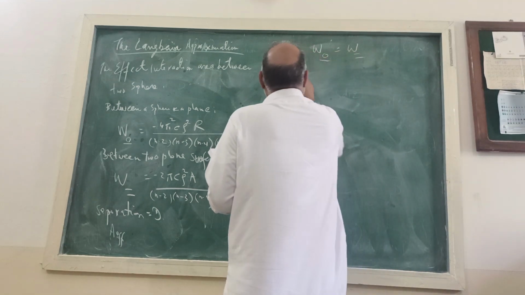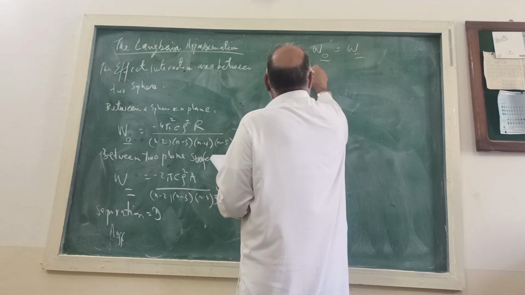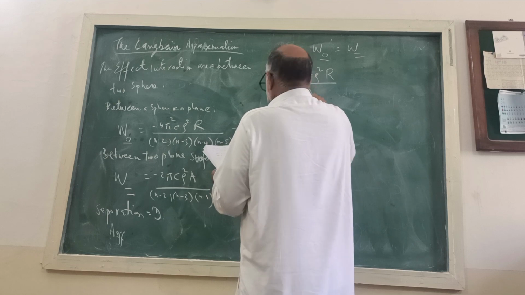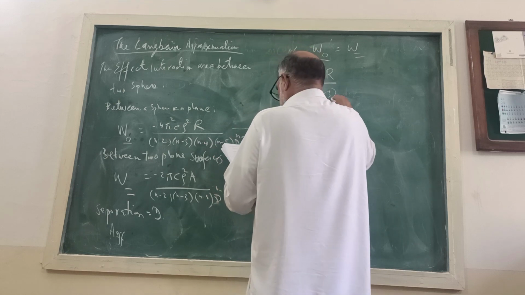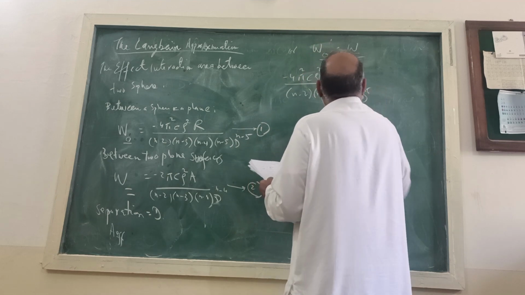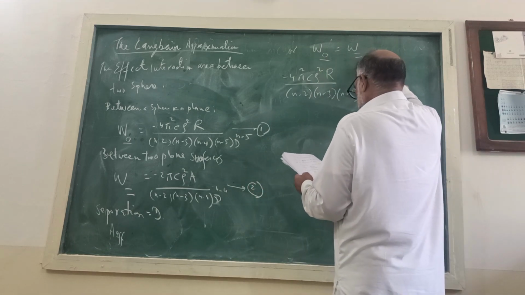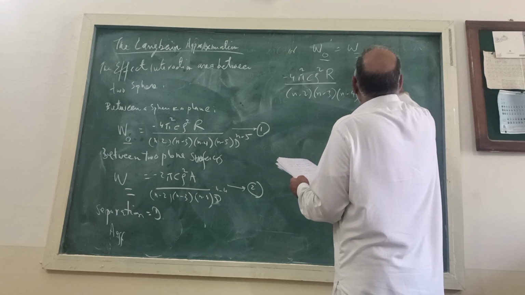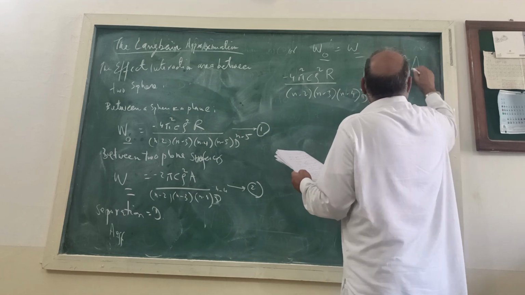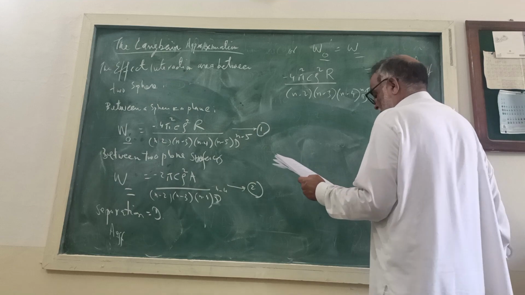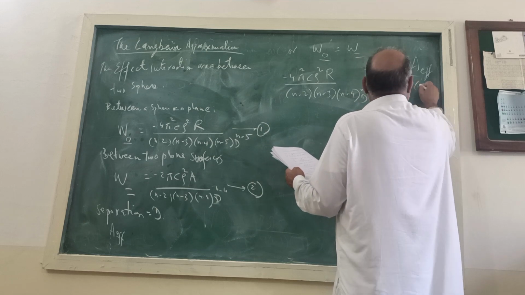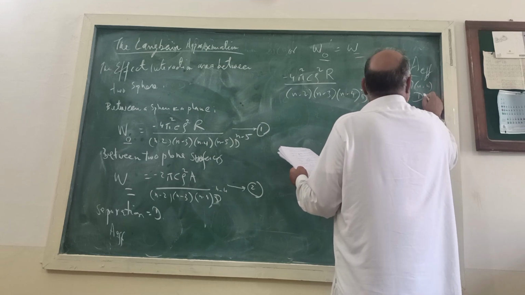We write minus 4 pi square C rho square R over (n minus 2)(n minus 3)(n minus 4) d to the power n minus 5, equal to minus 2 pi C rho square A effective over (n minus 2)(n minus 3)(n minus 4) d to the power n minus 4.